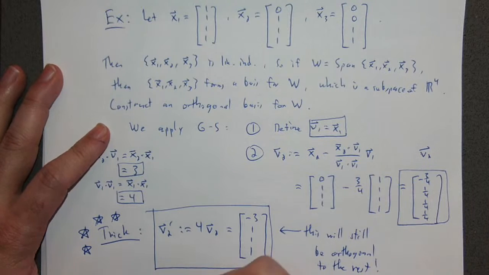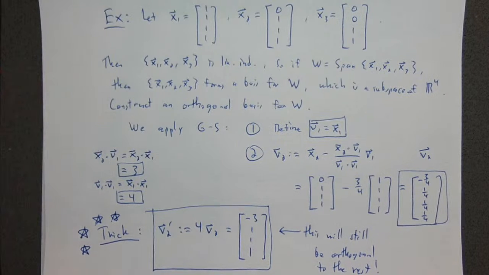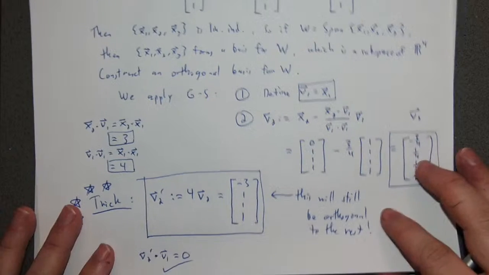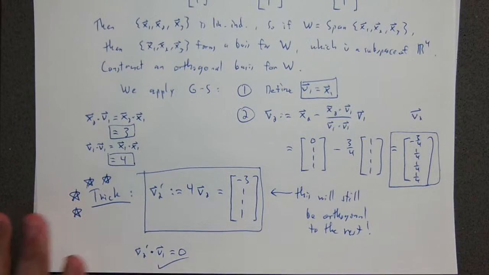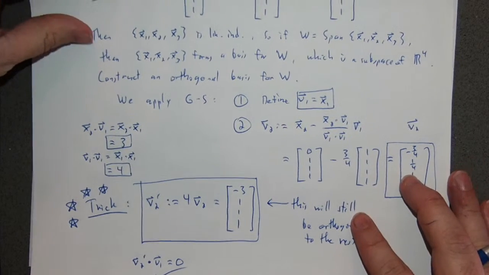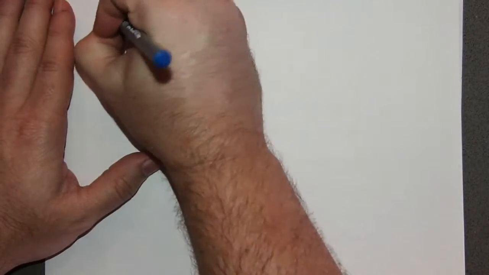That's 0, just to check. I was doing that dot product off screen there. That dot product is 0. So we have one more to find. We're not totally done yet. So, one more example continued.